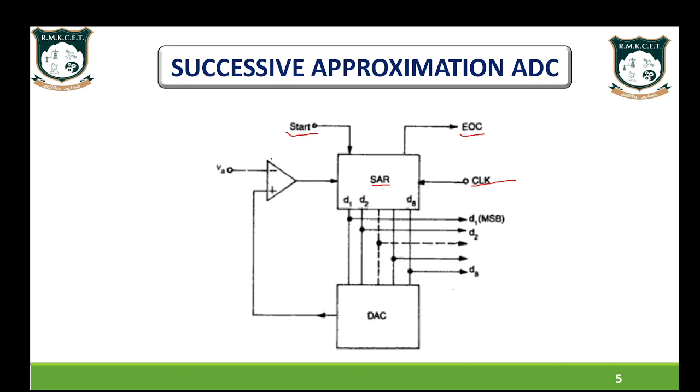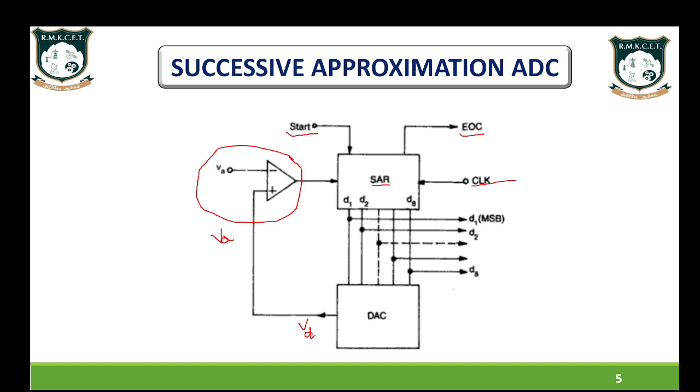And here we have a comparator with two inputs: VA, the analog voltage, connected to the negative terminal, and the positive terminal of my comparator is connected to the output of the DAC, which is nothing but VD, the digital voltage.